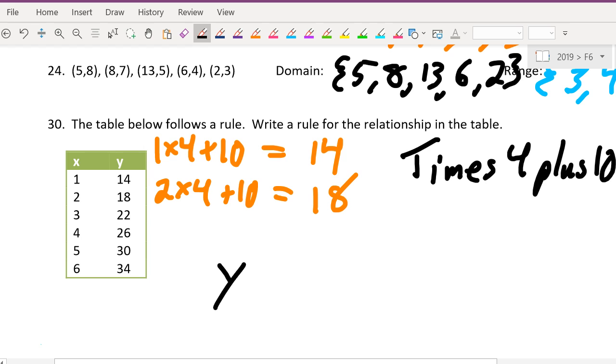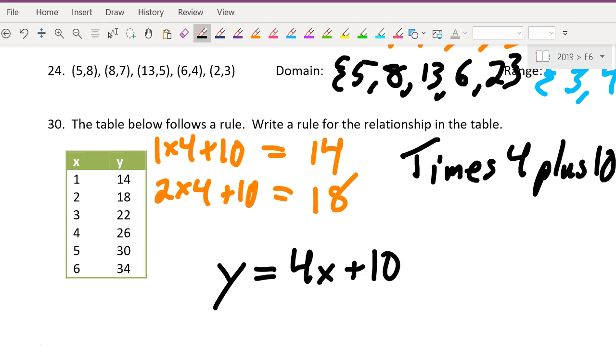So y is equal to x times 4 plus 10. X times 4, right, but we're going to write it as 4x. 4x plus 10. If you wrote x times 4 plus 10, I'll give you credit for that too. That's a tough one. I don't think the problem on the test is that hard.